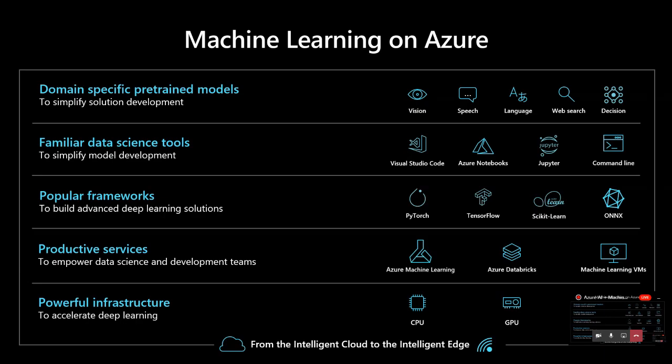We also have some productive services. That means we don't want you to focus more on the infrastructure side, or installing libraries, configuring those libraries, setting up the packages, and so on and so forth. That's where Azure Machine Learning, Databricks, and the machine learning VMs come into the picture, right?